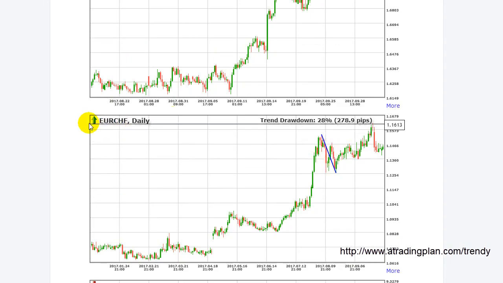Look at the Euro Swiss. You've got the pullback here of 278 pips, trend drawdown of 20%. Well, we haven't had any move bigger than this. So what this is basically telling you is that if this one was to continue to pull back this same distance, we have not invalidated our uptrend, because even after this big pullback, we still made higher highs.